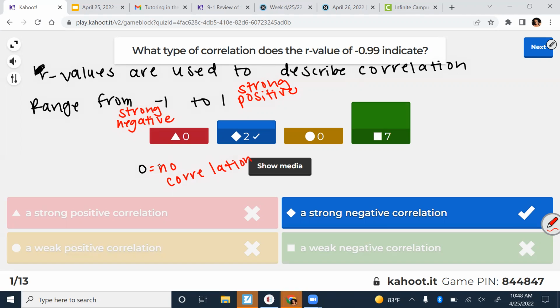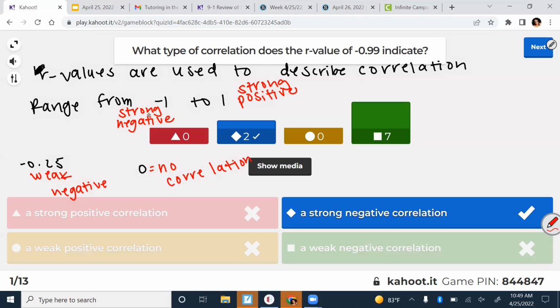All right, and then the closer it is to 0, the more weak it is. And it could be weak positive or weak negative. Just depends on the sign of the number. So like if the R value was -0.25, what would you say that is? Well, you would definitely say that it's negative because it's a negative number. And then because it happens to be closer to 0 than it is to -1, I would say that it's weak.